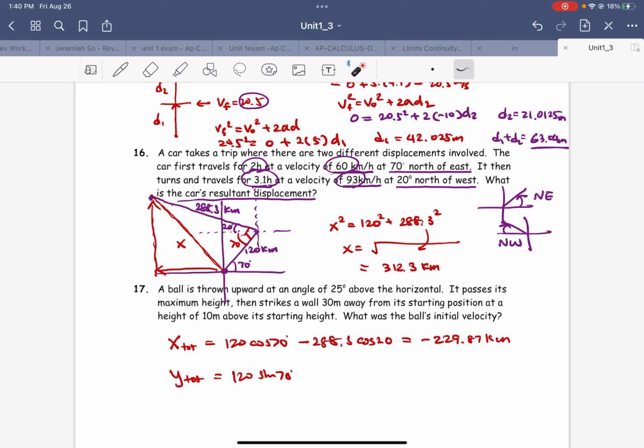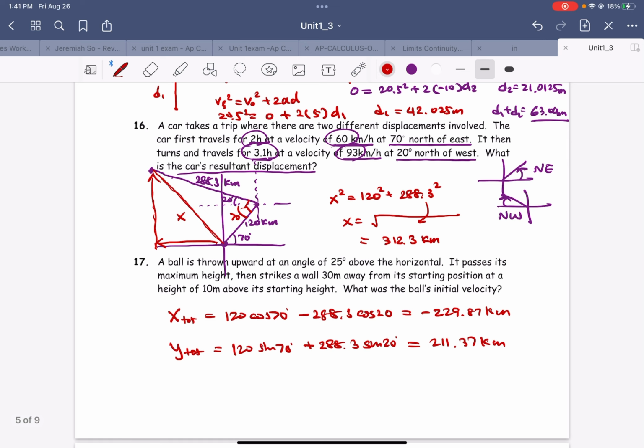And then sine 20 of this is only here. So that one plus that one is this, right? So that plus 288.3 sine 20 degrees. Then you will get 211.37 kilometers.